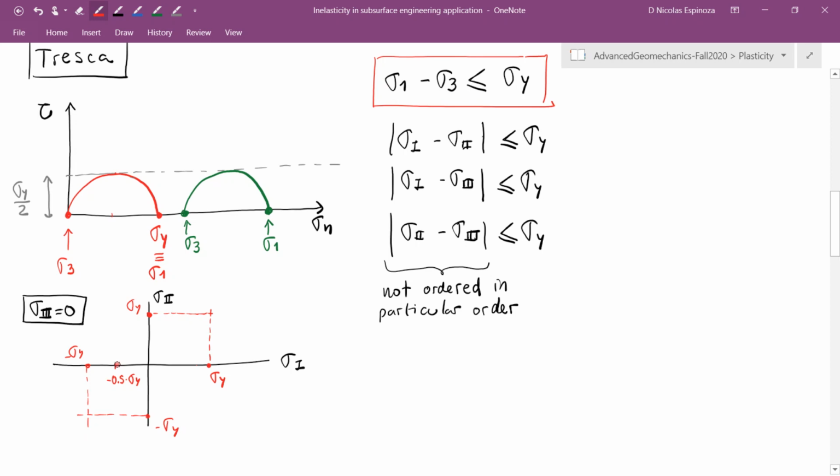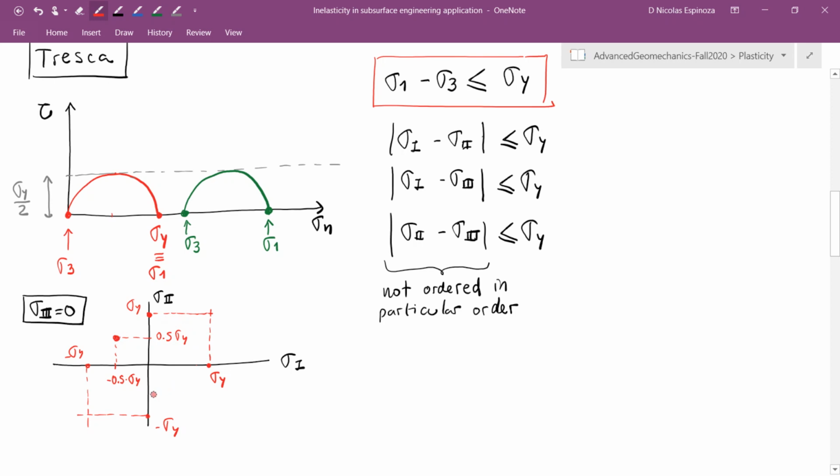And the question is, what will be the maximum value of sigma 2? Well, consider sigma 3 is equal to 0, right? So the maximum difference is going to be between sigma 1 and sigma 2. And because sigma 1 is already negative, in order to guarantee that difference here, the maximum possible value of sigma 2 is going to be negative 0.5 sigma y plus 1 sigma y, which is going to be 0.5 sigma y. So it's going to be a point over here.